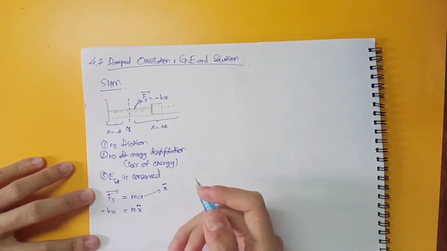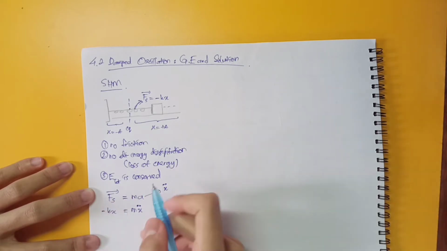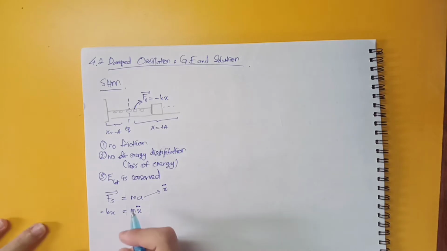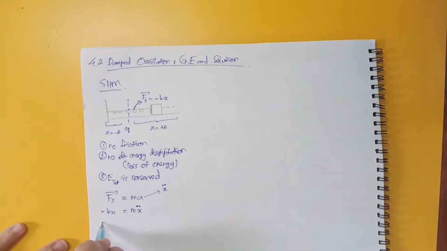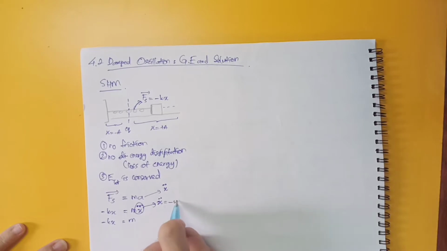Then we want to find the internal energy. So what happens here? We get negative kx is equal to m times x double dot, which is also equal to negative omega square x.